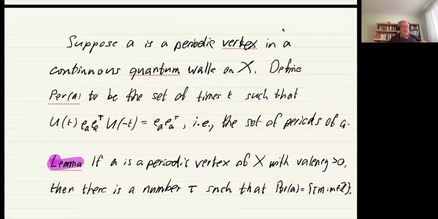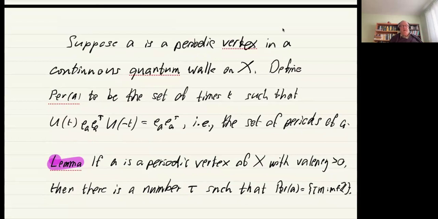So we assume we've got a periodic vertex a in a continuous quantum walk on X. I'm going to define per(a) to be the set of times k such that, well, return times, except now we're calling them periods. So that's a set of times.